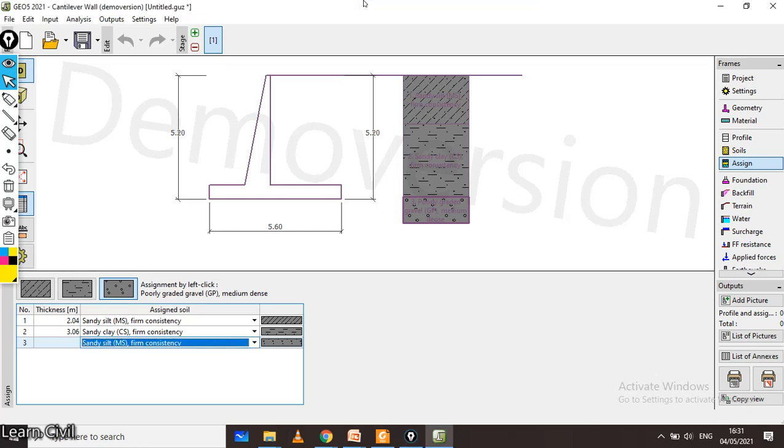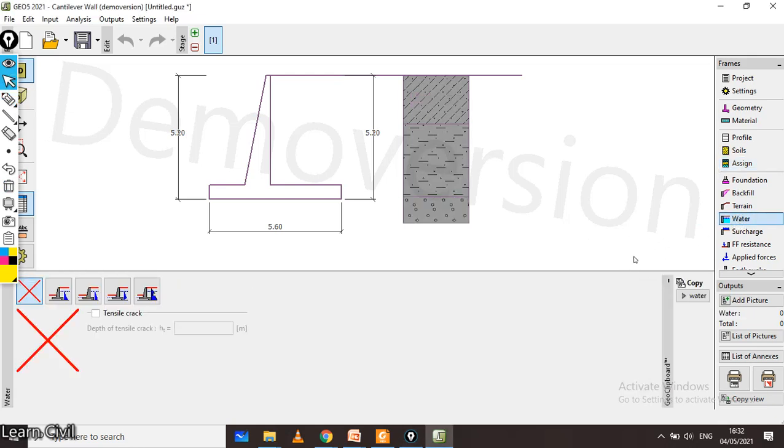After that we have to provide the depth of water table. So you have to go to this water option provided here. You will see different types of profiles here. If you select this X, there will be no water available here.